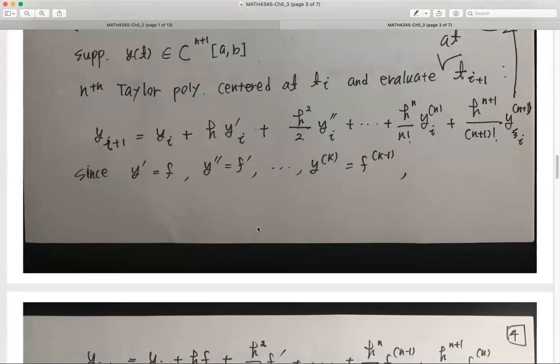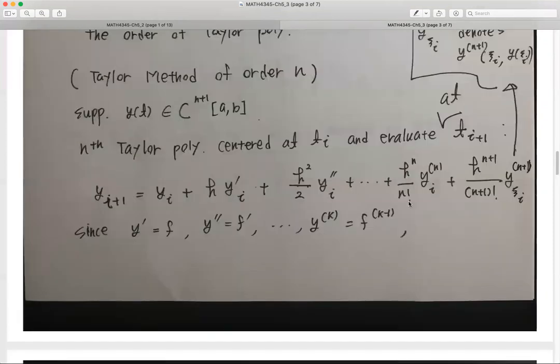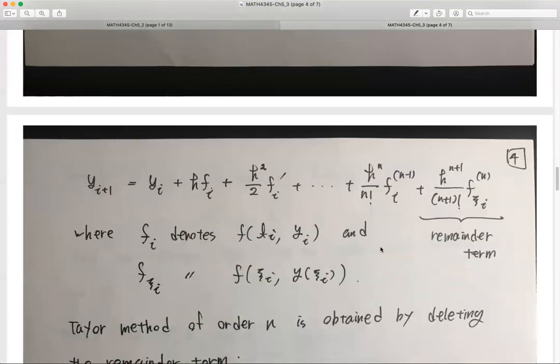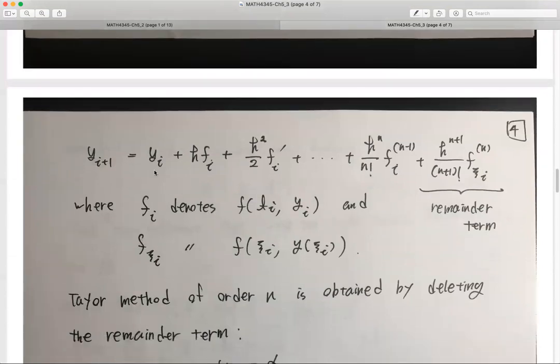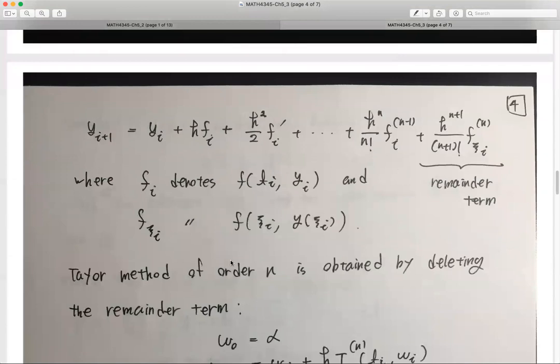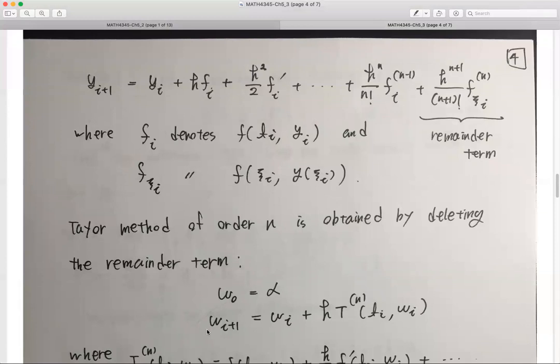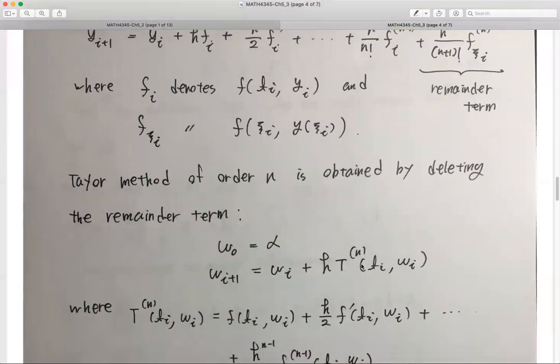So for convenience, I just write that instead of writing this out. So now we got this one here. The Taylor method of order n is obtained by deleting the remainder term. Okay, and then w_{i+1} is w_i plus h times T^(n), let's just say T_n.